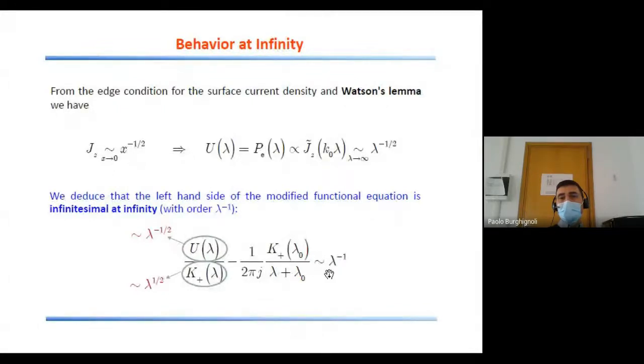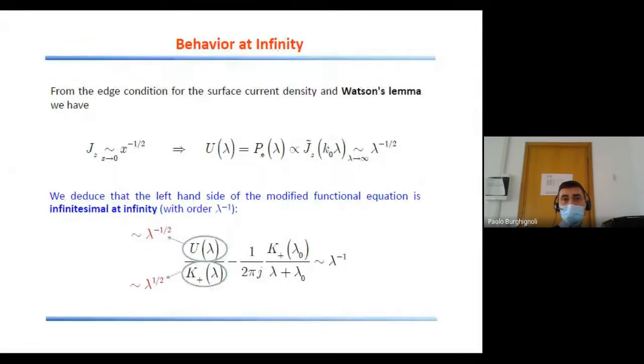It's then like lambda to the -1/2. Okay, so all in all, we have an asymptotic decay to infinity.